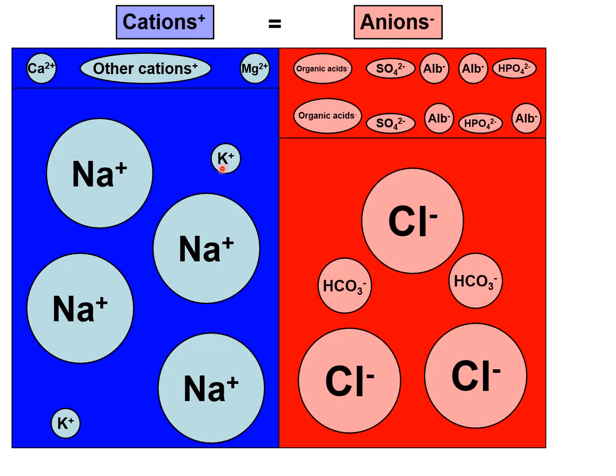Now, we have zillions of cations, as you see here in the blue panel, and zillions of negatively charged anions, and they are unequal.